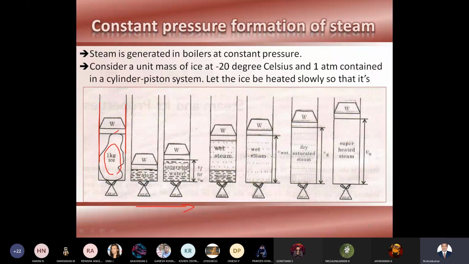This weight is given to maintain the pressure at 1 atmosphere, right? Also, this system is a closed system. We can transfer heat energy into the system. If you provide heat energy into the system, we can get these changes. So we will look at that one by one.